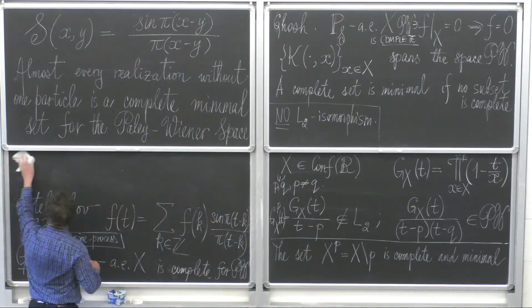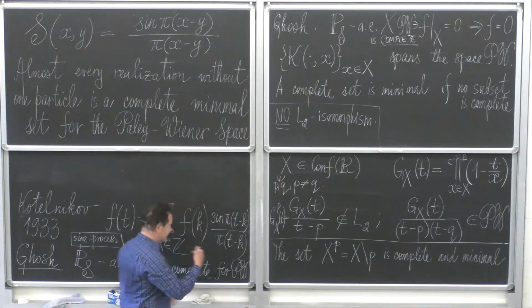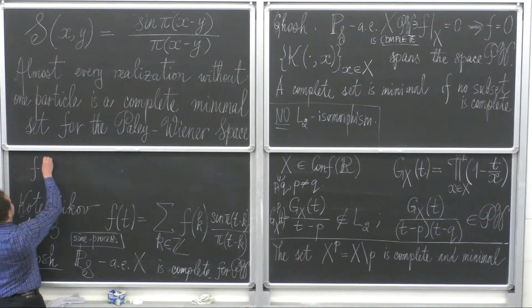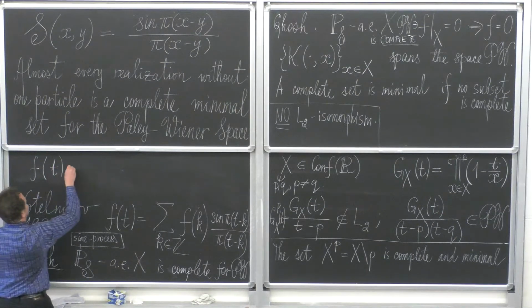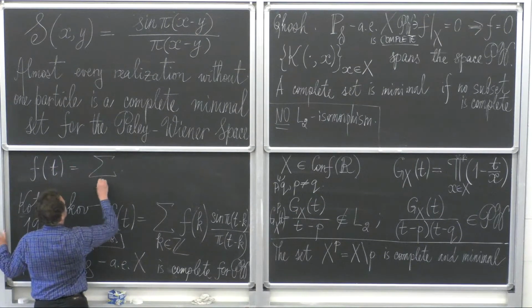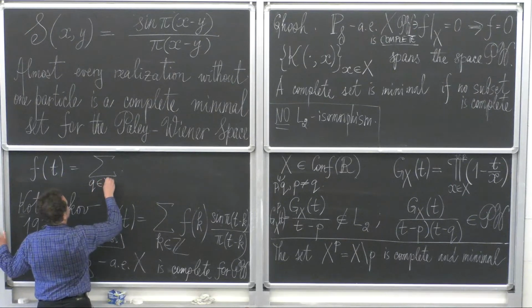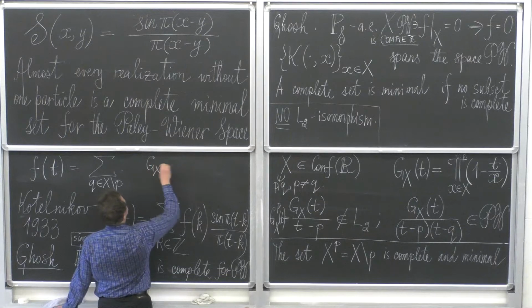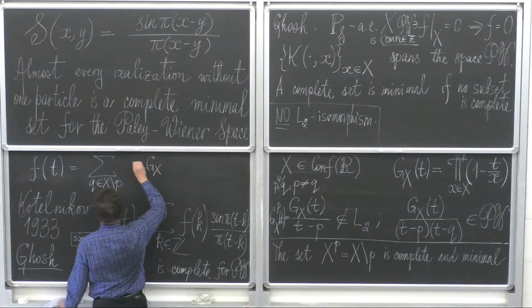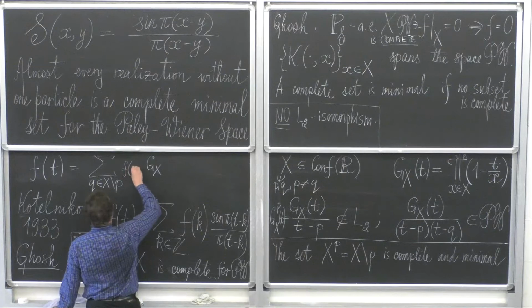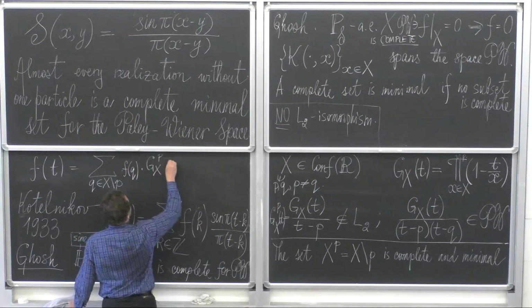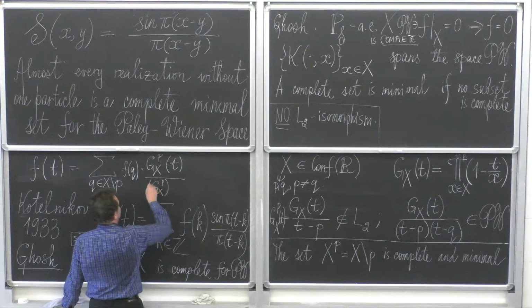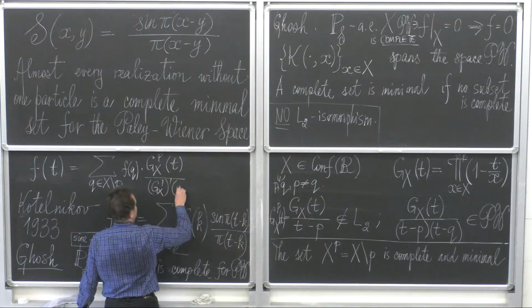Then one does have something which is essentially the Lagrange interpolation formula. One does have f of t is the sum over q in x minus p, so g_{x,p}, so precisely f of q, g_{x,p} of t over g_{x,p}' in q.